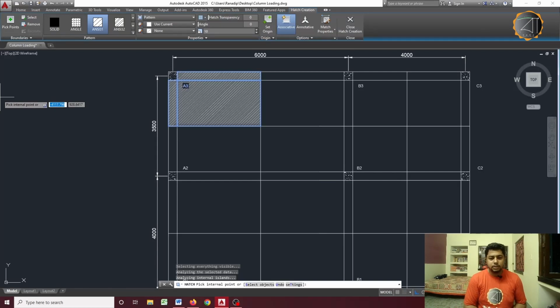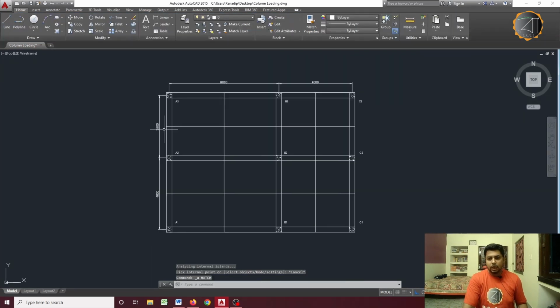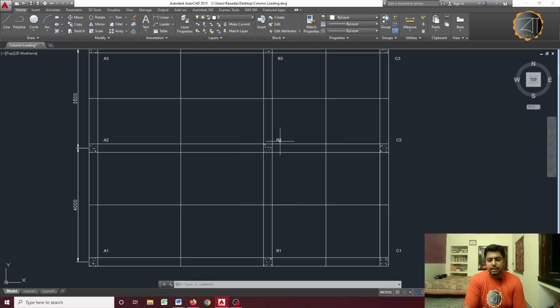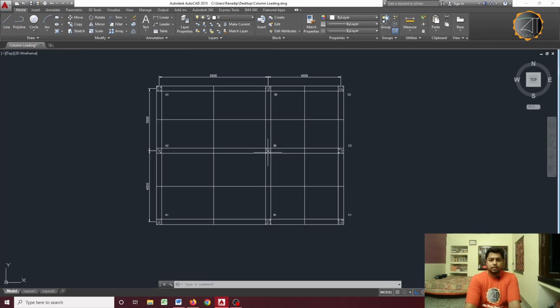This area shown in hatched lines will influence column A3 only. Now, if we look at this, we can easily understand that the column in the center, B2, will be getting the highest amount of load. Let us shade it.